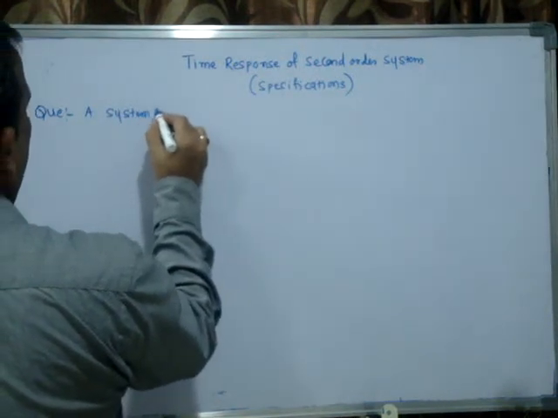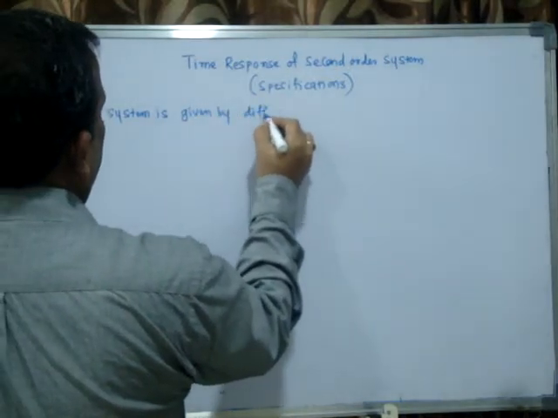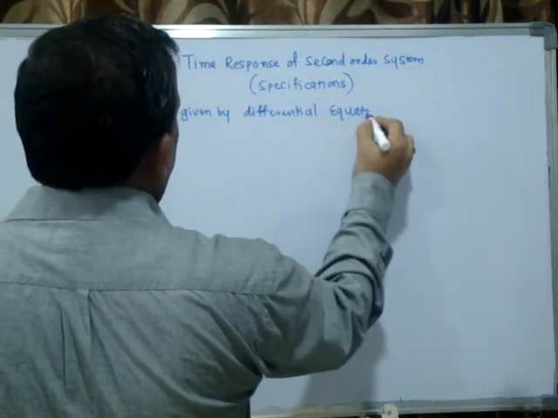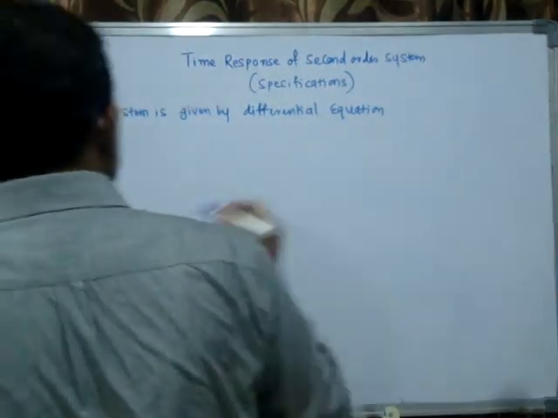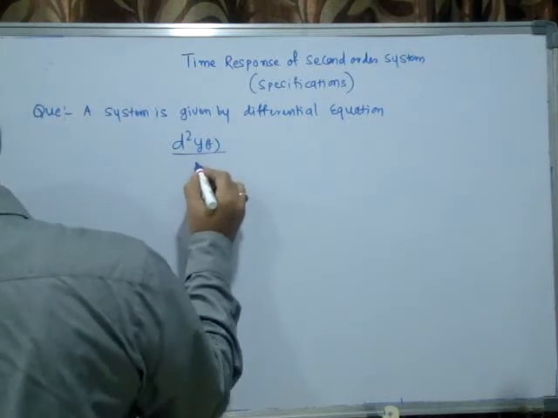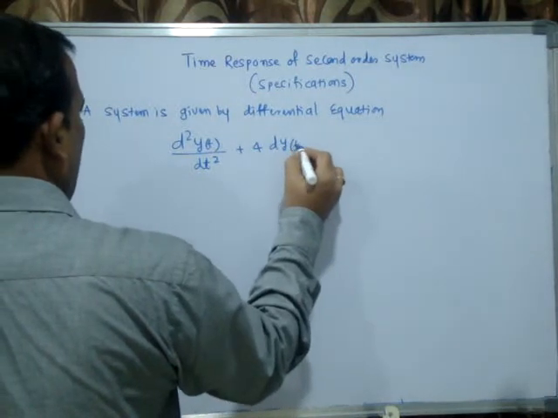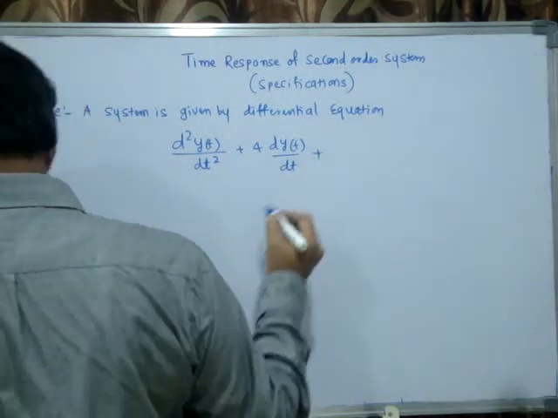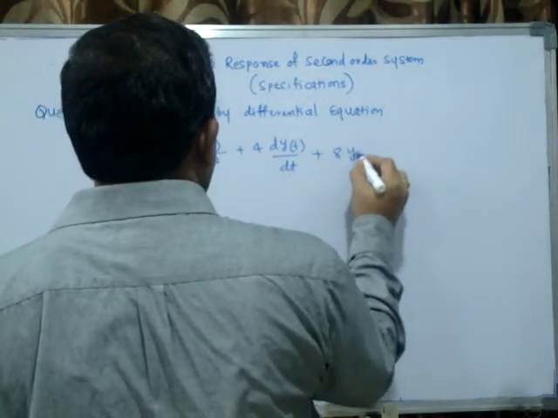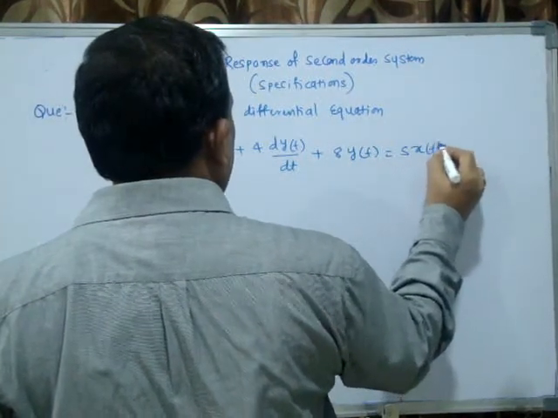A system is given by a differential equation: d square y of t divided by dt square plus 4 dy of t by dt plus 8y of t is equal to 5x of t.